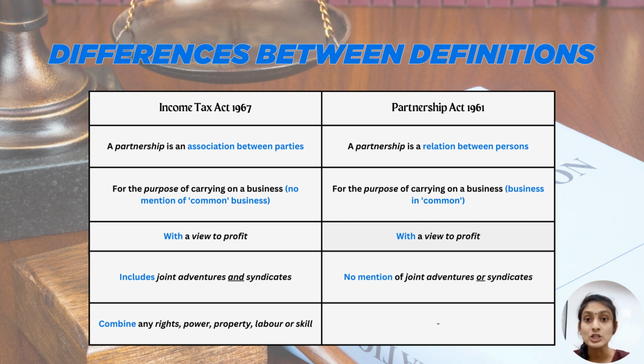And then under the Partnership Act 1961, it doesn't mention joint ventures and associations. Okay, and the last point, under the Income Tax Act 1967, the partnership combines rights, power, property, labor or skill. Remember, you can connect with the previous slide, yes, the definition. So that's all.